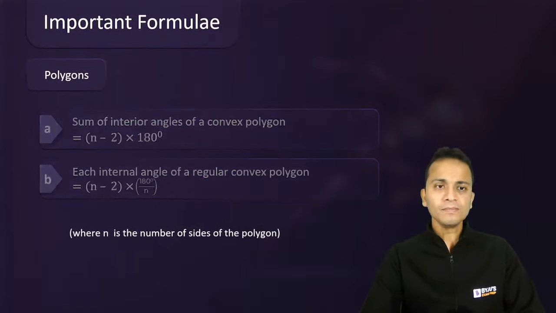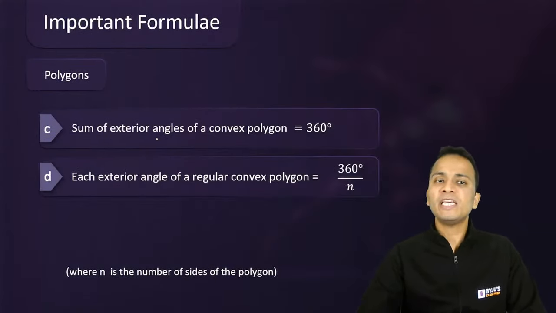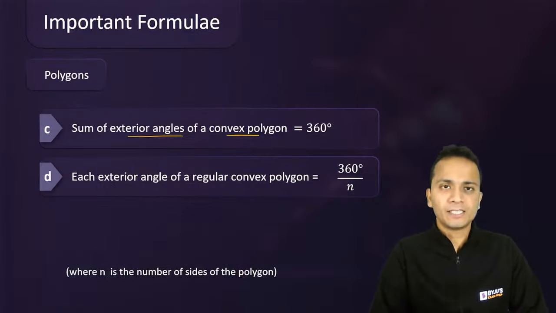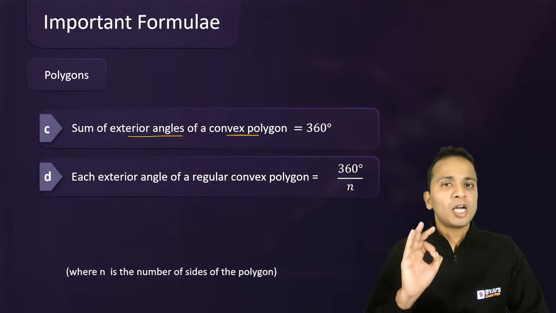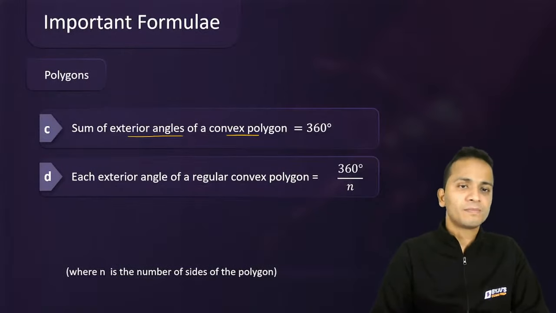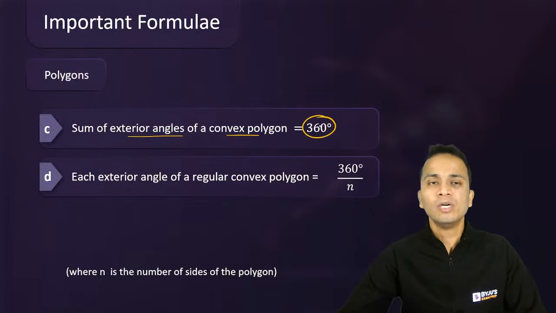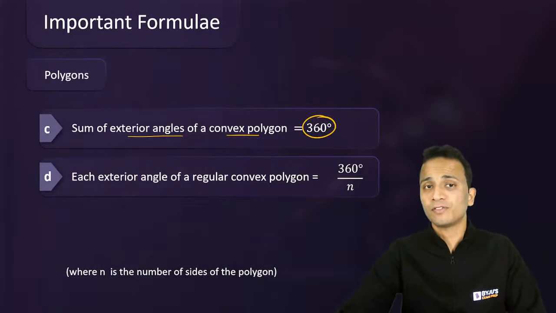All right. Now moving ahead and looking at the next few formulas, sum of the exterior angles of a convex polygon. So irrespective of the number of sides, each convex polygon will have the sum of its exterior angles equal to 360 degrees, irrespective of the number of sides.